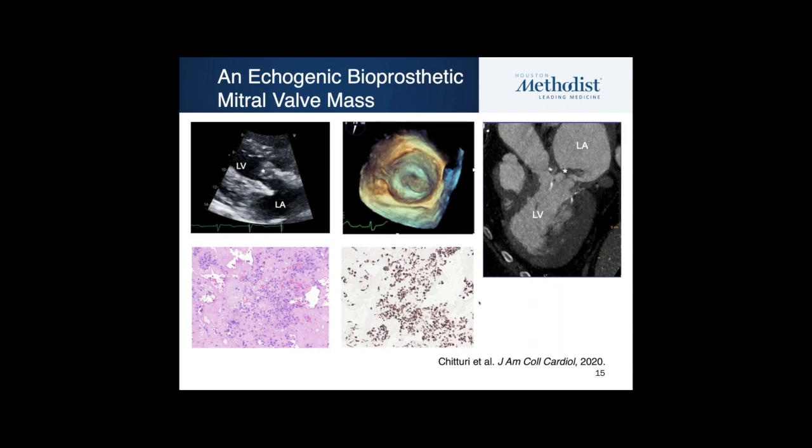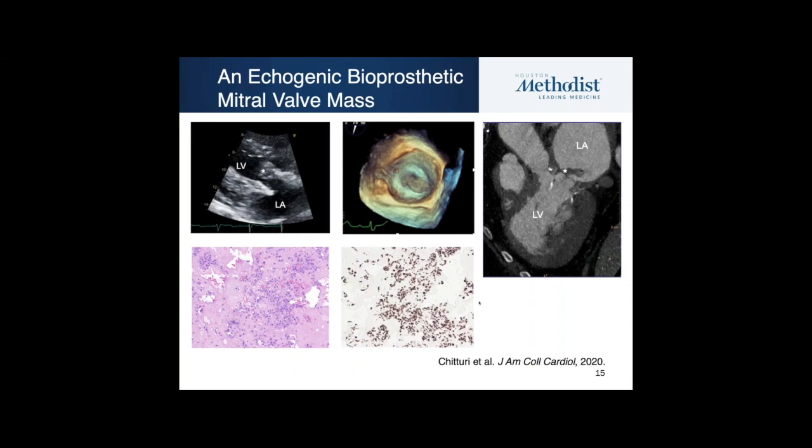I think it may have been in EHJ or somewhere that talked about some further evidence that suggests, like we've always thought, that these things arise from primitive multipotential mesenchymal cells in the heart, or these stem cells that reside in the heart that may have a role in very slowly replenishing myocytes, or replenishing and building fibroblasts that then go into the myocardial interstitium and help maintain normal homeostasis of the myocardium.